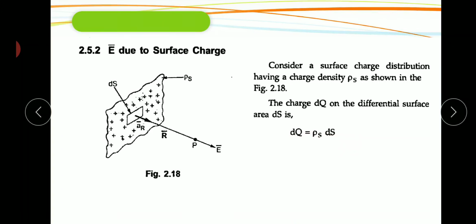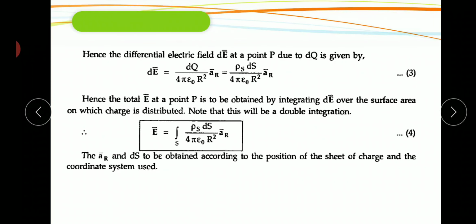Here dq is the differential charge, rho s is the surface charge density and ds is the differential surface. Now we have to find the electric field intensity due to the entire surface charge. For this purpose we have to integrate that.